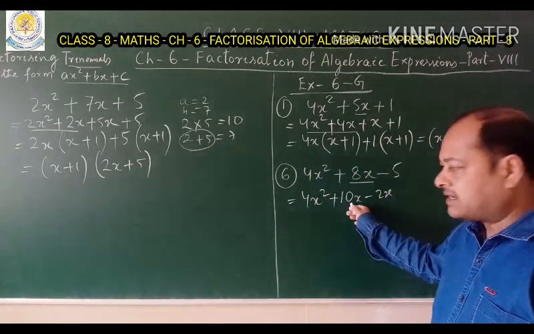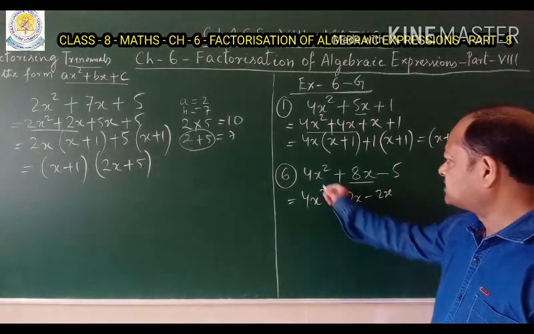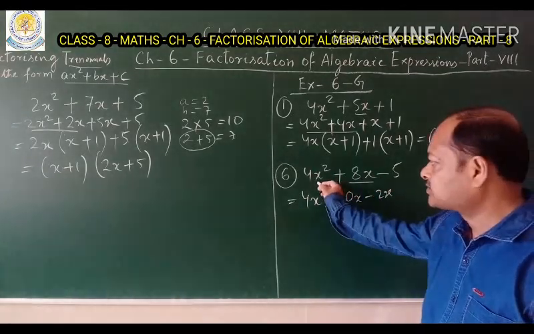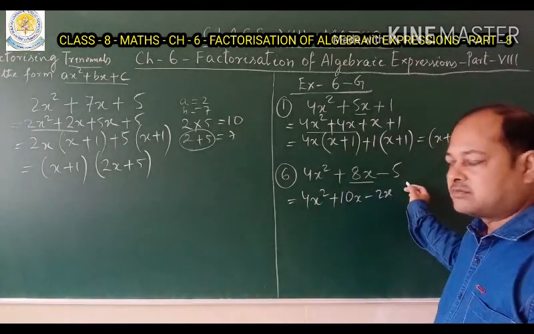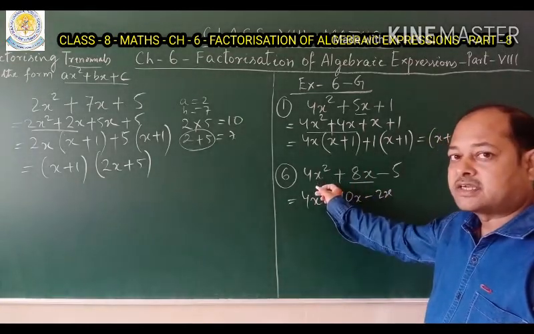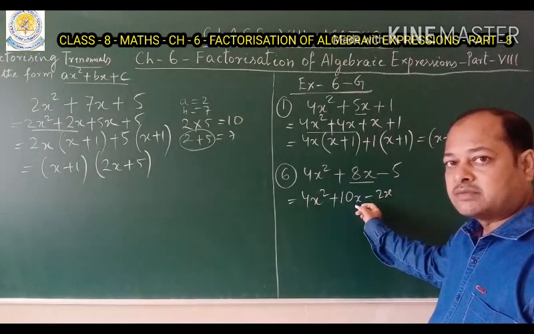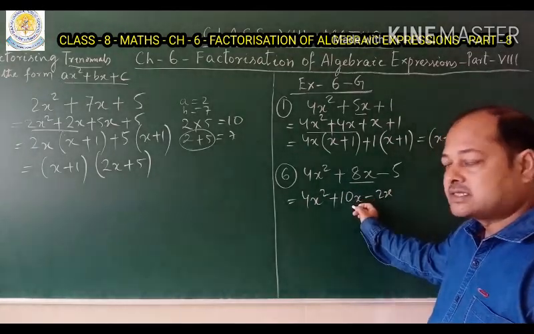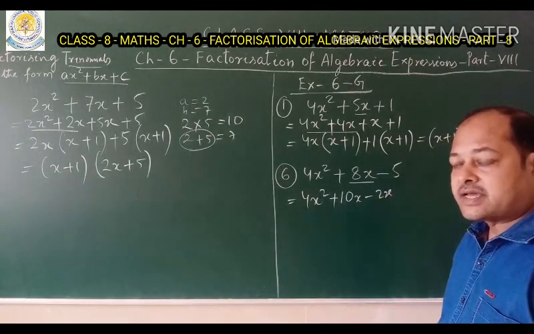And if you multiply 10x with minus 2x, you will get minus 20x square. 4x square into minus 5, first term into last term, the product is minus 20x square, which is the same as the multiplication of these two terms, 10x into minus 2x, minus 20x square.